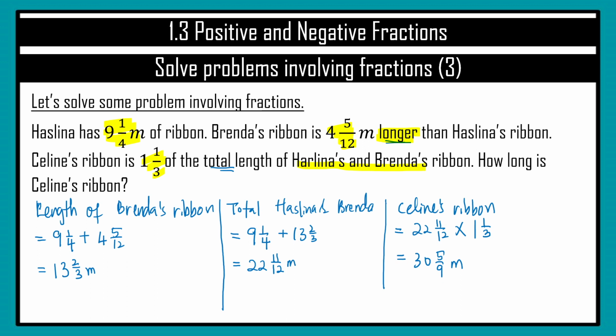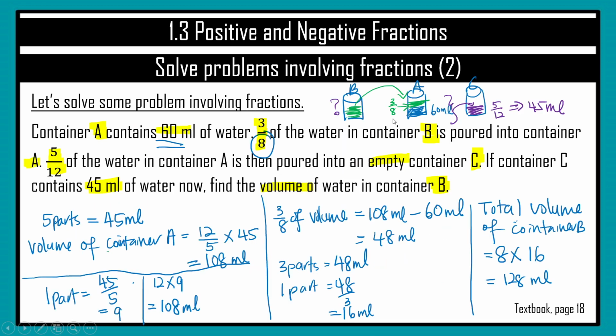So this is how we go and find it. The first step is you must read the question, no matter how long the question is. First, proofread it. Second, find out what is the given information. And if you're like me, I would use a highlighter, and sometimes I would use a diagram to help understand the question.